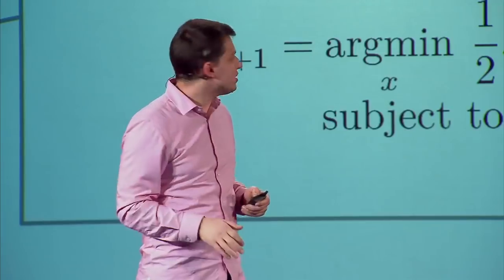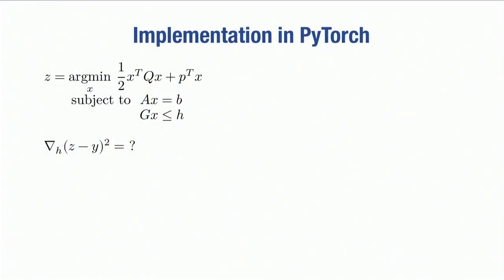I'm not going to show it in too much detail, but sort of the question here is if I have some layer where my output of my layer, Z, is an argmin, the solution to some quadratic program. Now say I want to differentiate that whole thing with respect to, I don't know, the right-hand side of the inequality constraints of my quadratic program. How would you do that? And this is where, we did work out the math for this. It's not too hard. You basically differentiate some conditions that specify the solution to this problem.